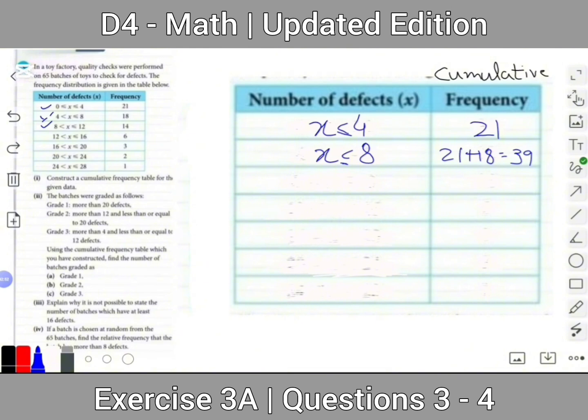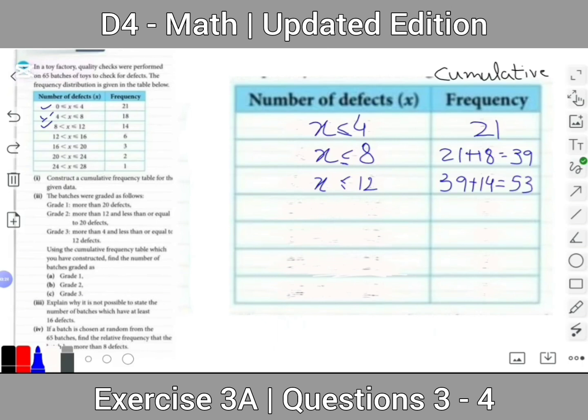So if we are going to get all of those defective toys, the number of defective toys must go from 0 to 12. So we are taking x less than or equal to 12 for the third entry, and then we could just add the new frequency 14 onto the previous total. So 39 plus 14 gives us the cumulative frequency of 53.